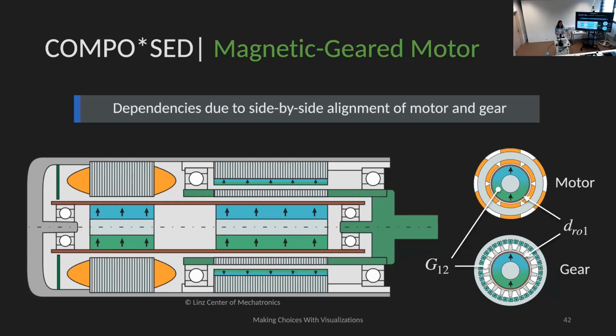So these are the dependent design parameters. And then we also have dependent criteria that represent the overall performance of the entire magnetic geared motor. Here, for example, as motor and gear are arranged side by side, we can approximate the construction volume by simply adding up the individual lengths of both components.